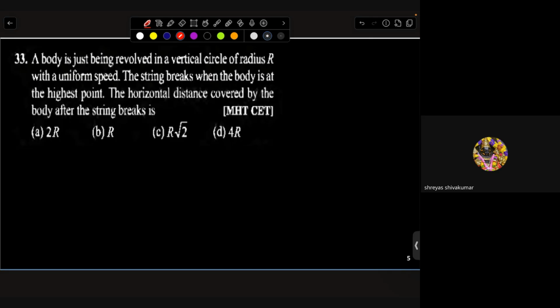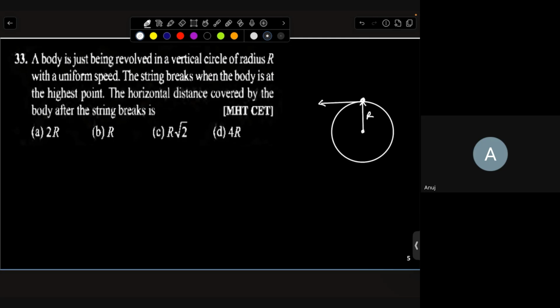Okay, did everyone get the answer? So, can you solve it? Basically, a body is revolving in a vertical circle of radius r with a uniform speed, let's say v, and the string breaks when the body is at maximum height.